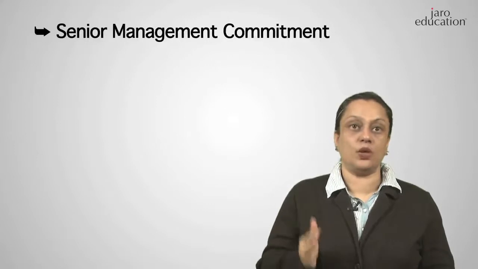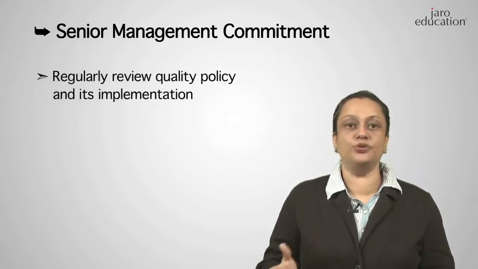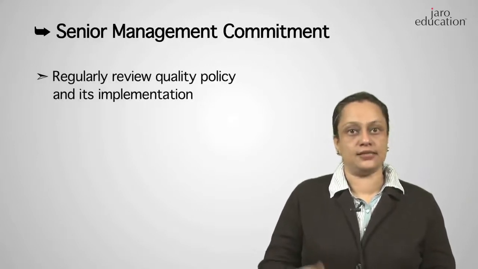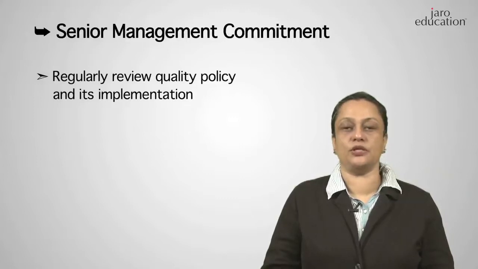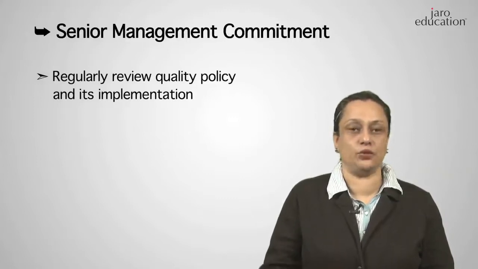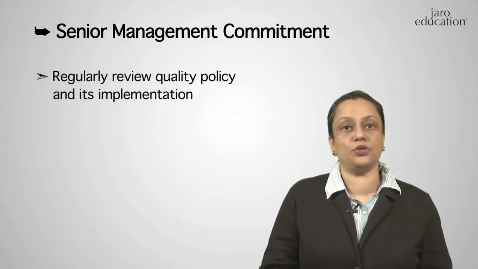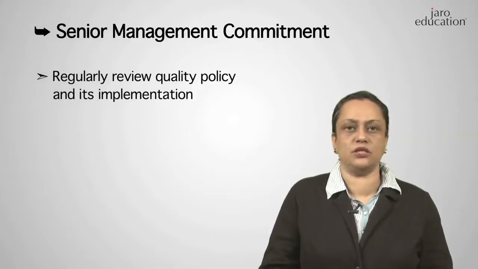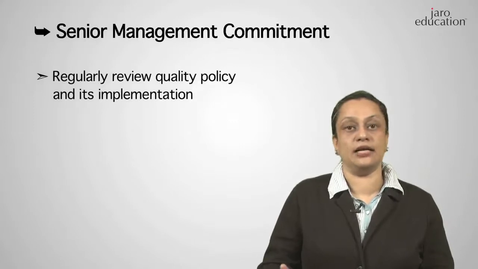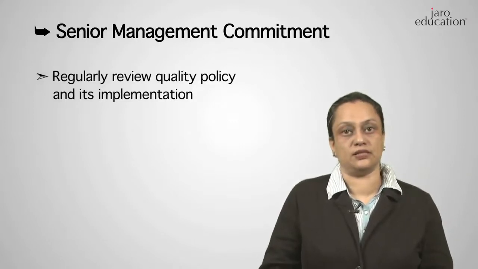Finally, this quality policy itself has to be reviewed periodically, and its implementation also has to be reviewed periodically to see that people are indeed following the policy, to see that the policy indeed is applicable to the organization even after 3 years, even after 5 years or 10 years, and that people truly believe in that policy and are living that policy in their day-to-day activities.